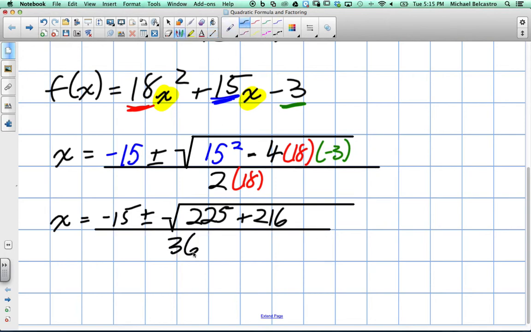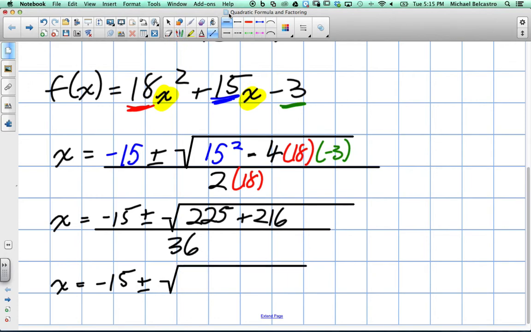Then we'll have the root of this. So x is equal to -15 plus or minus... we'll have to add those together. It's going to be 441. Great.